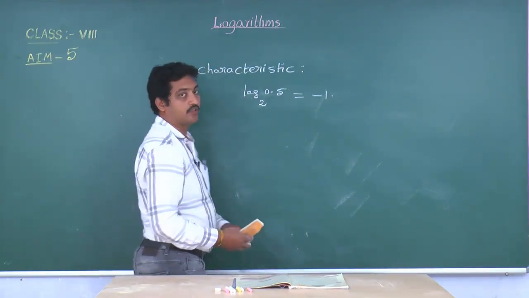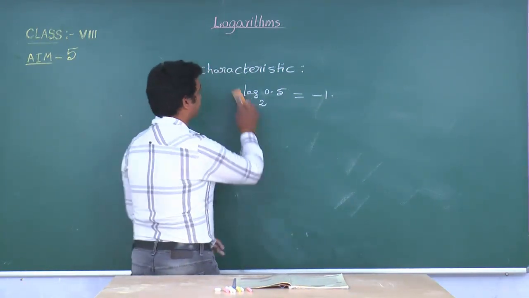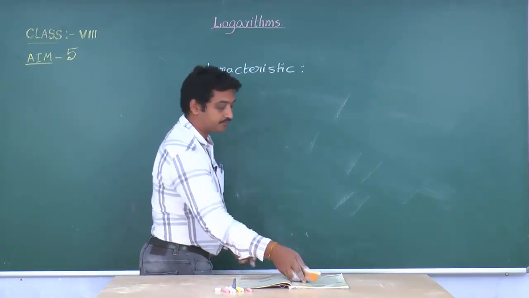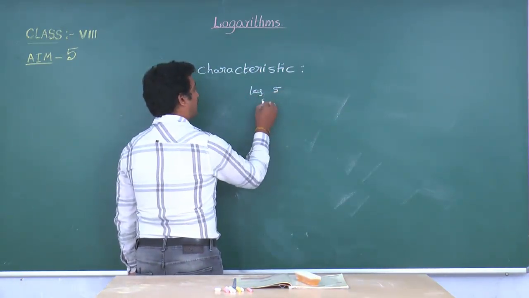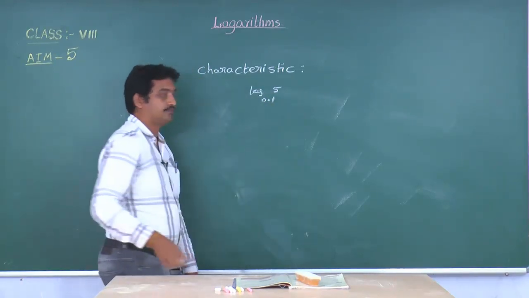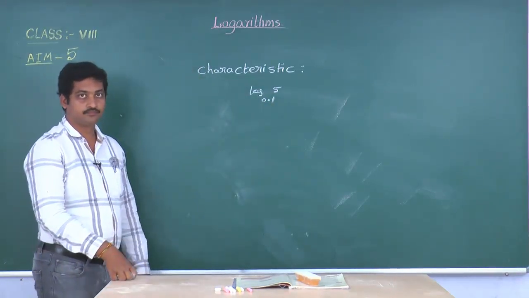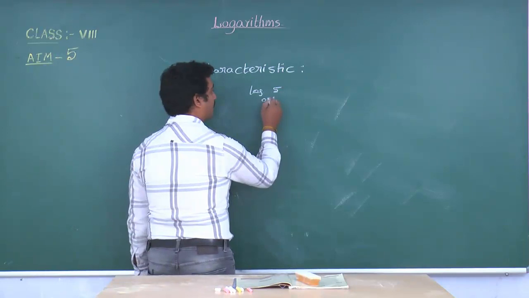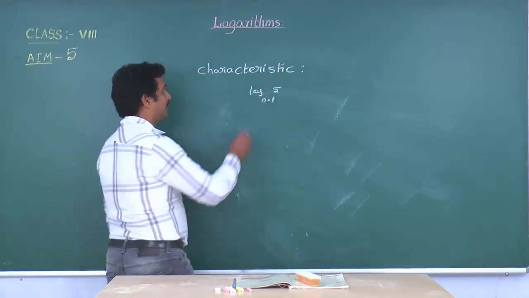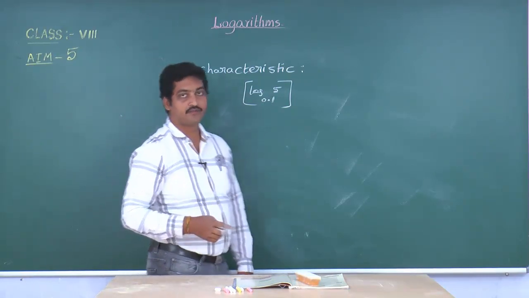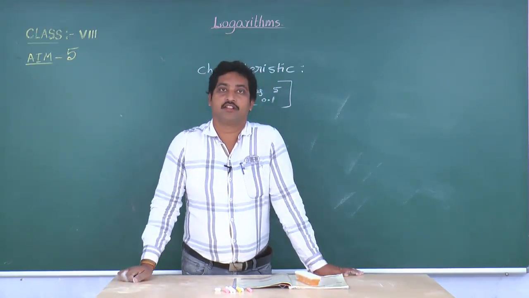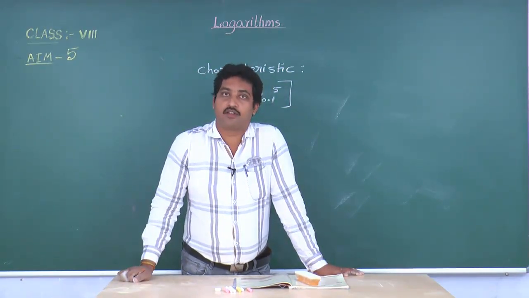One more example. Log 5 to the base 0.1, what is its characteristic? First of all, question yourself, where is 5 in between the powers of 0.1?